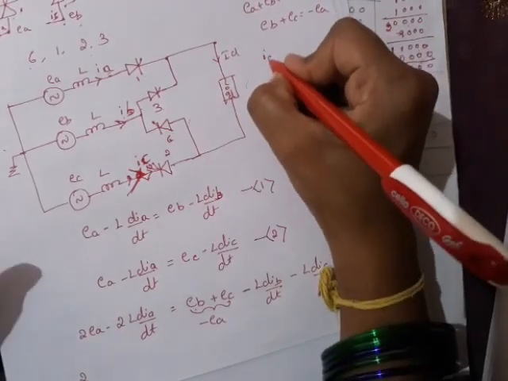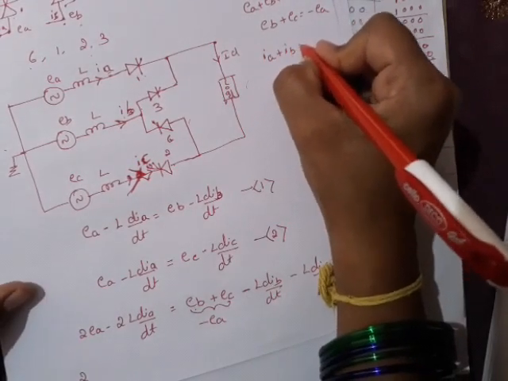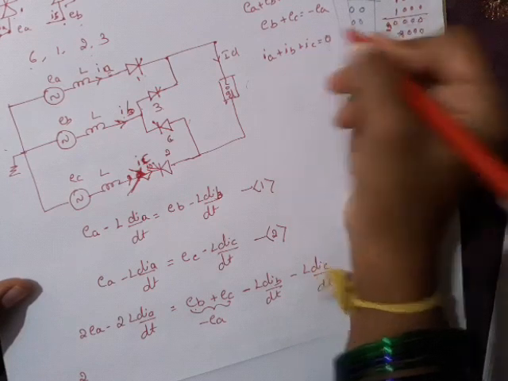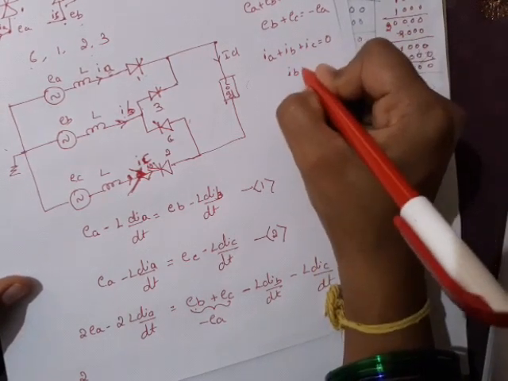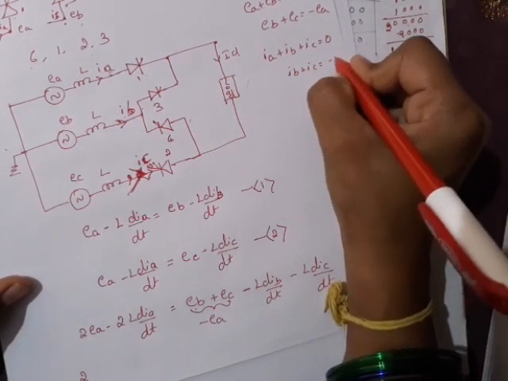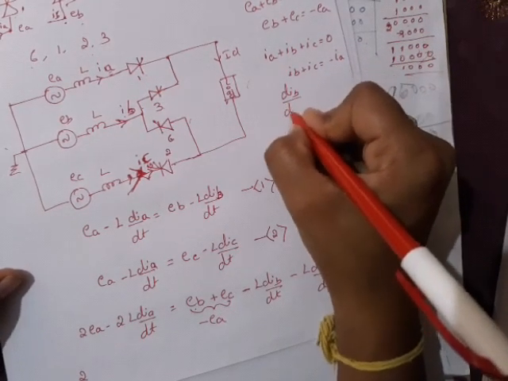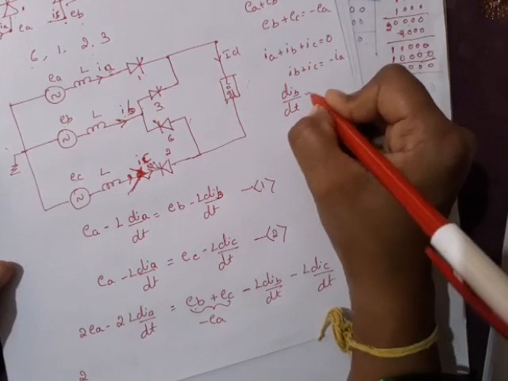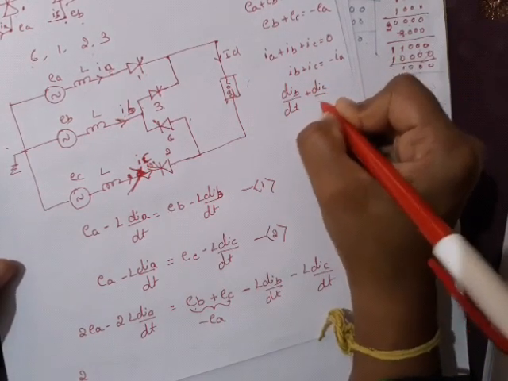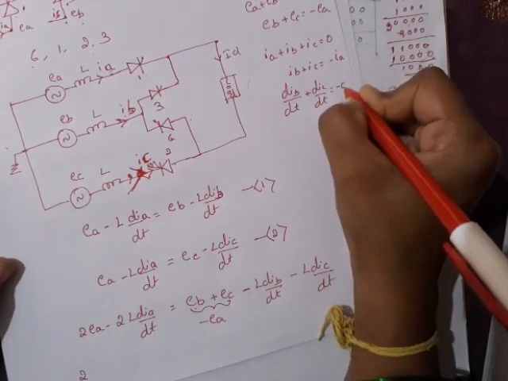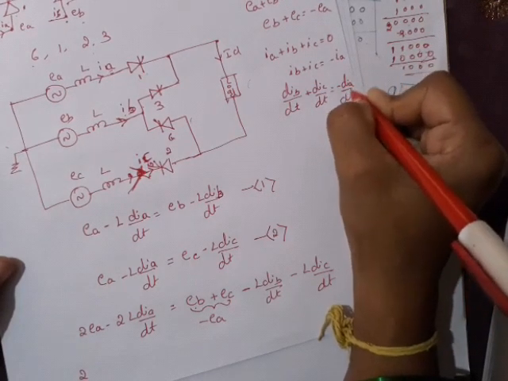Similarly, for a balanced three-phase supply, IA plus IB plus IC is equal to 0. So I can write IB plus IC is equal to minus IA. I'll just differentiate it with respect to time. dIB by dt plus dIC by dt is equal to minus dIA by dt.